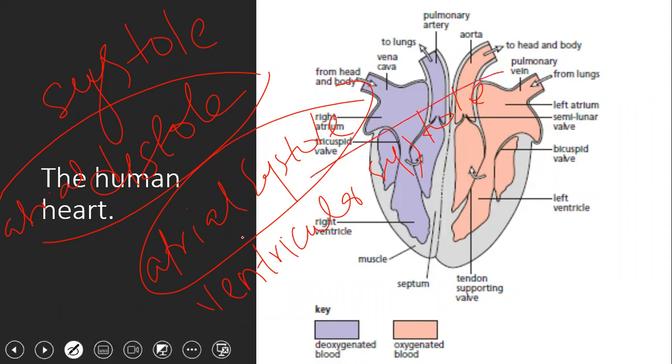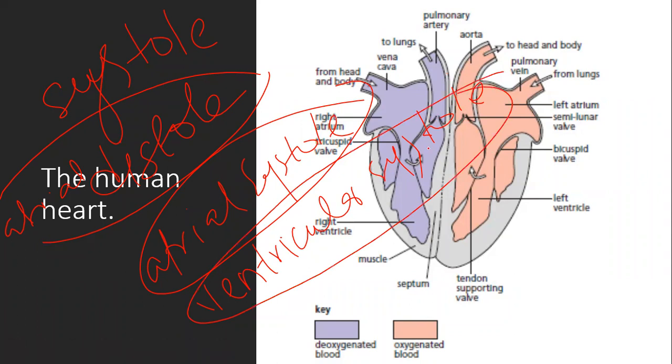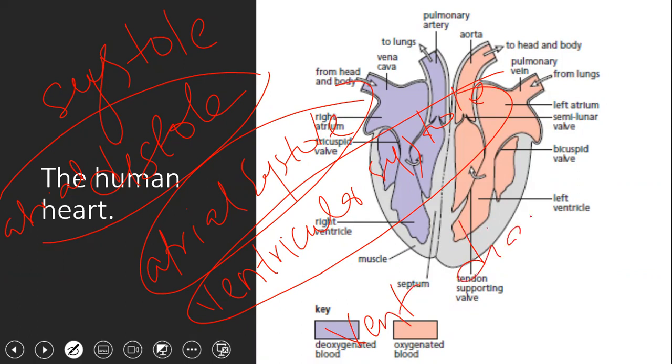This will be known as ventricular systole. The blood will go from the right side to the pulmonary artery, and from the left side to the aorta. Your semilunar valves are going to close. And once all the blood is gone, the ventricle is going to relax, which is known as ventricular diastole.